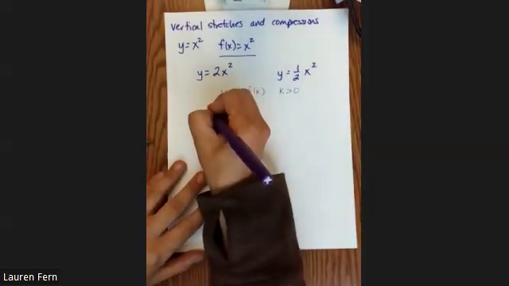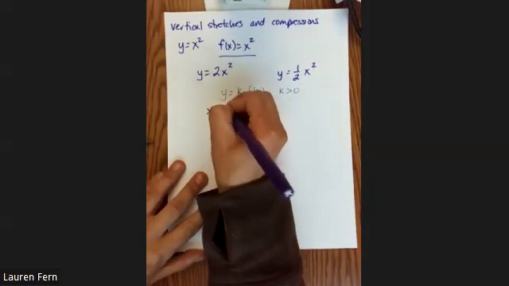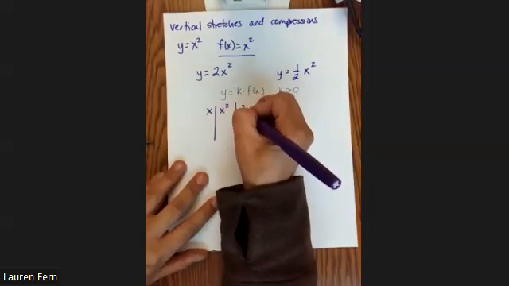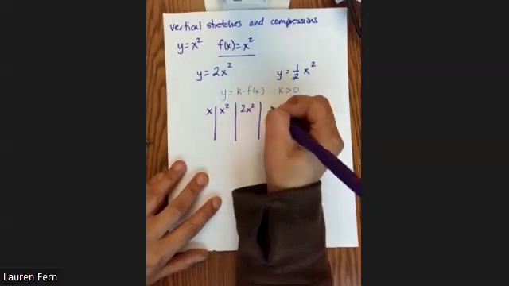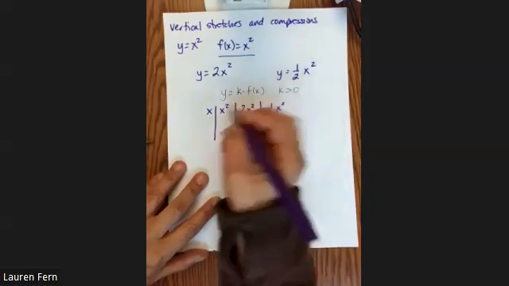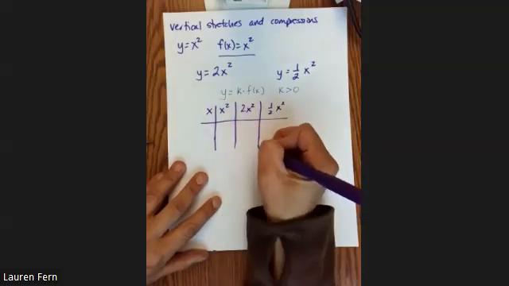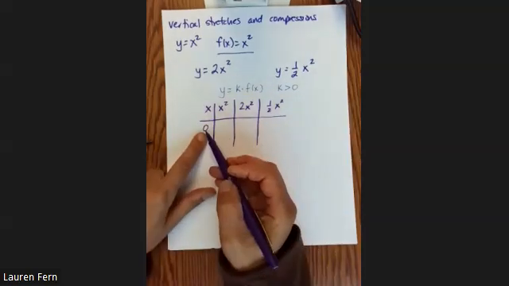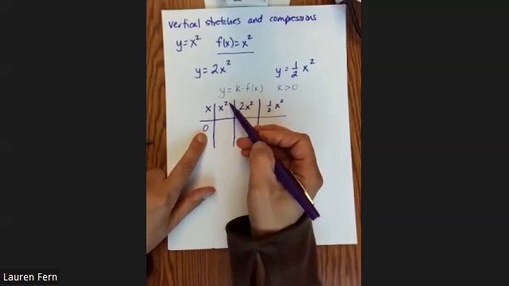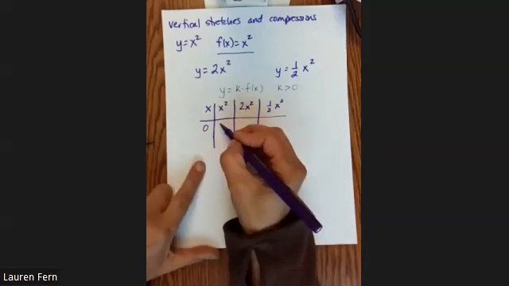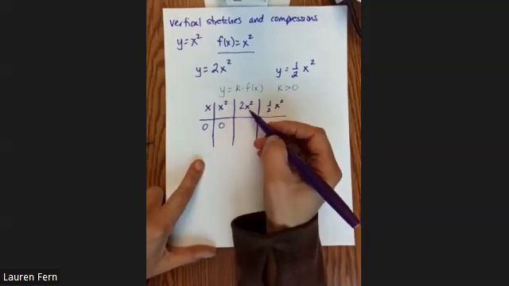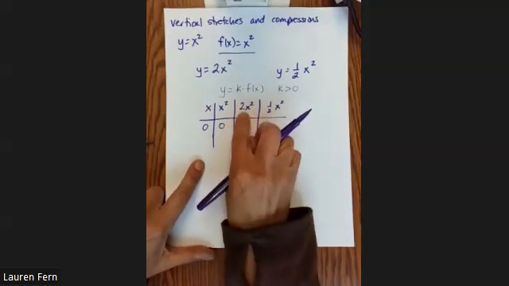Well, I'm going to make just one giant table so we don't have to draw a whole bunch of them. We saw one like this in the online homework recently. If I plug in x equals 0, what is 0 squared? It's 0. Okay, now let's plug it into this function.